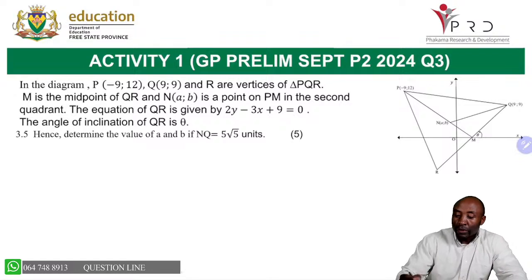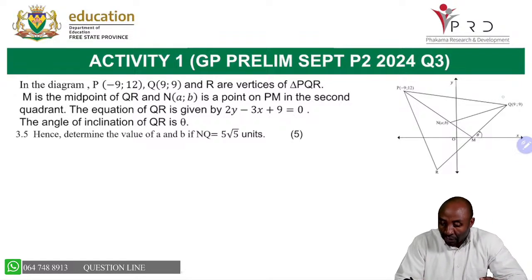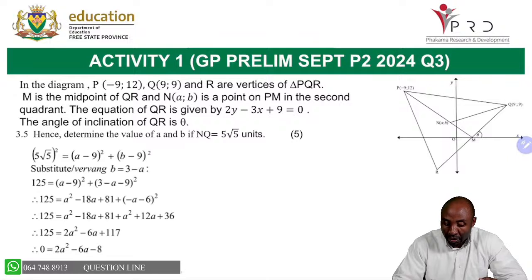So, how do we use the distance formula for the length of NQ? We are going to substitute our coordinates of Q and the coordinates of N. We form equations. So we'll have A minus 9 squared plus B minus 9. So we have used the coordinates of N and the coordinates of Q.